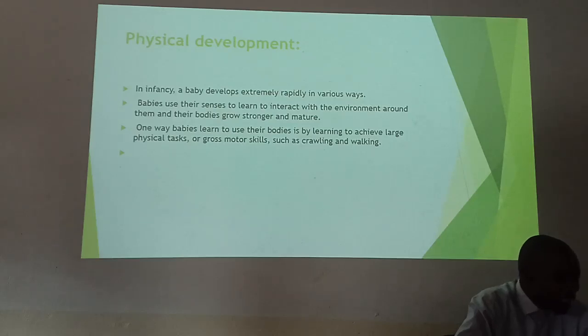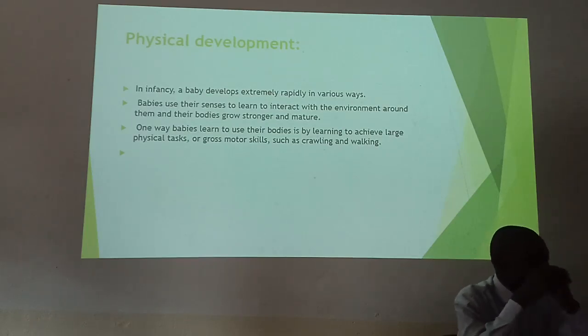One way babies learn to use their bodies is by learning to achieve large physical tasks or gross motor skills, such as what? Crawling and walking. That's large motor skills.